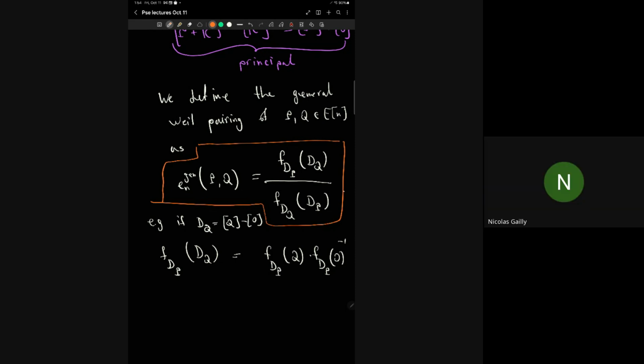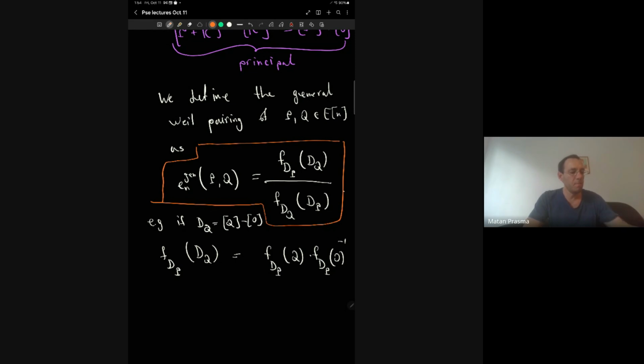Is this a statement, the last line you wrote? Because I don't quite understand why or how you came up with this. Why is it times FDP of 0, the inverse of it? Where does this come from? Because FDP is a rational function and DQ is a divisor, right?